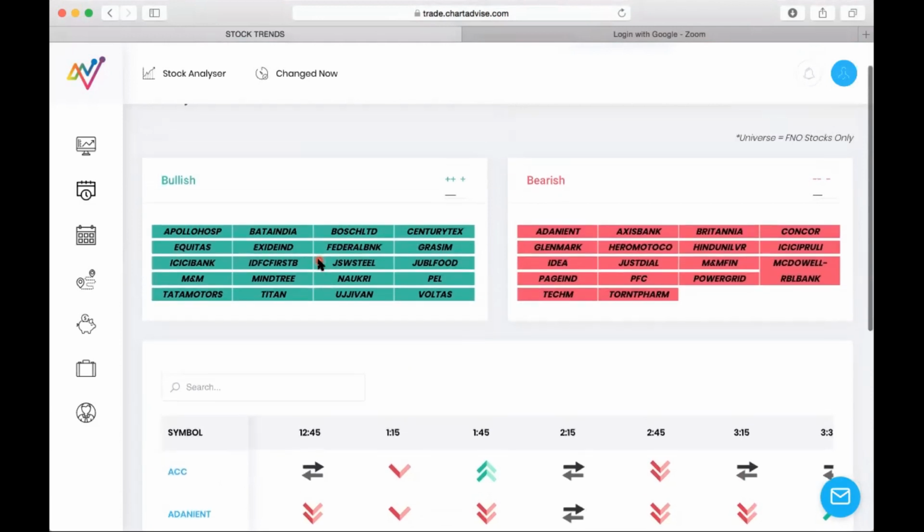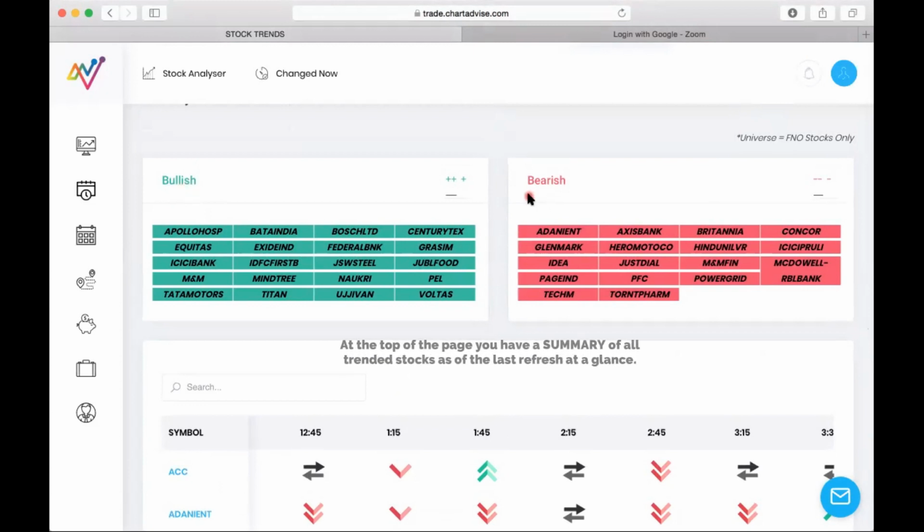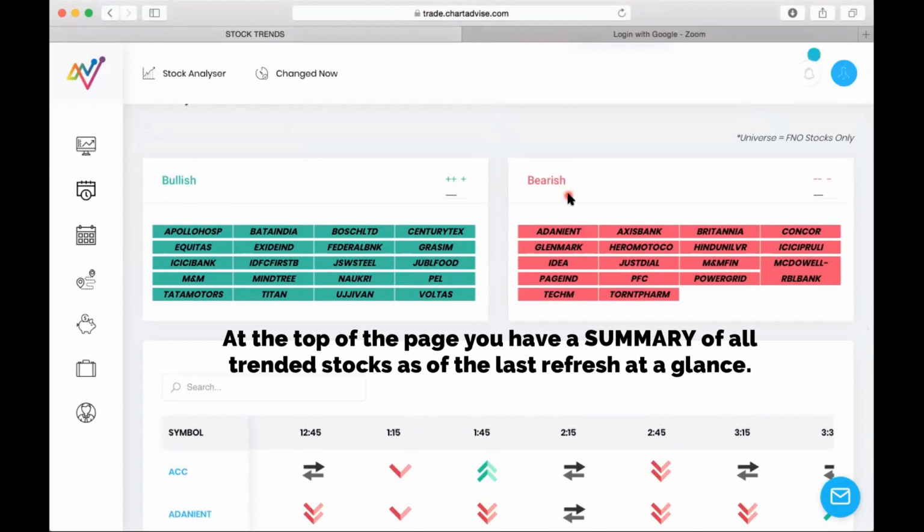And when we go up, what we see here is a summary window. On one end you have bullish, on the other end you have bearish.